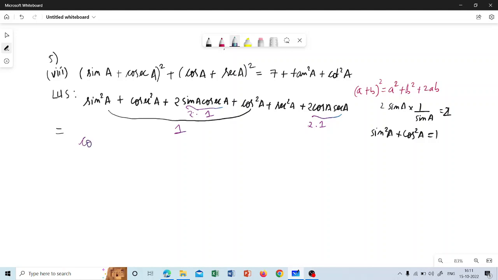So let me start with cosecant square a. I'll use the black ink.